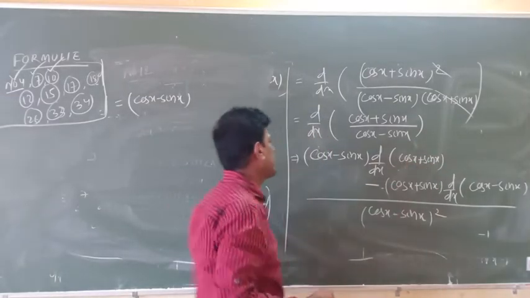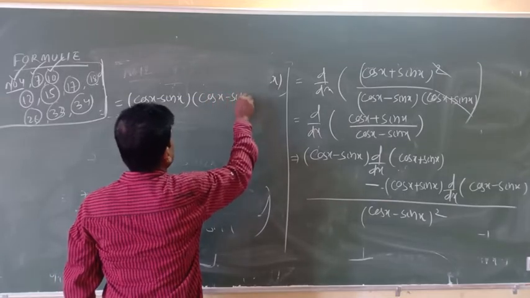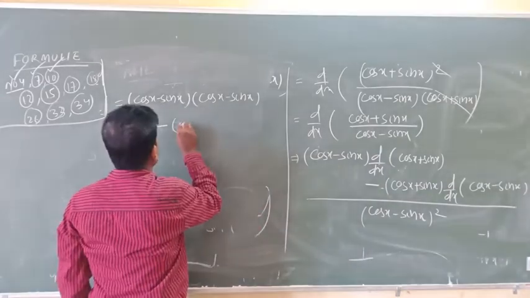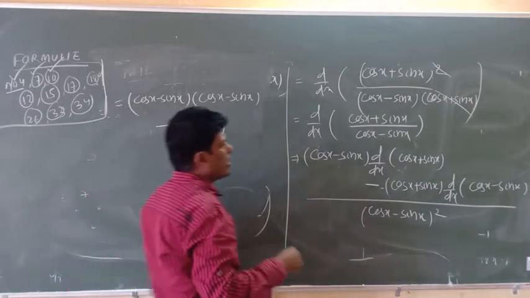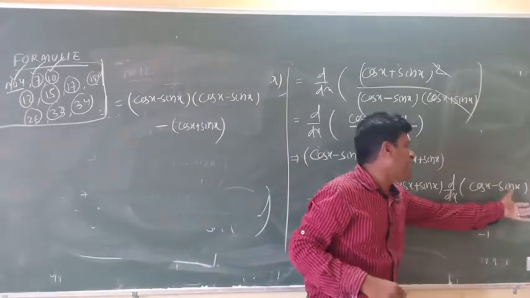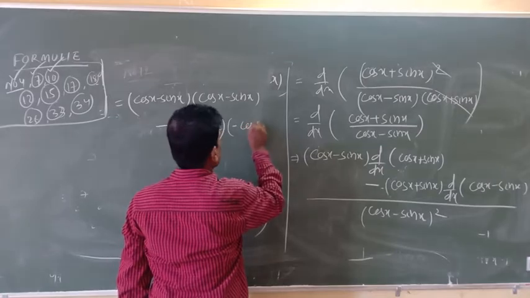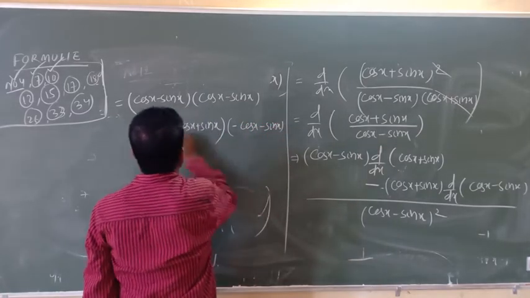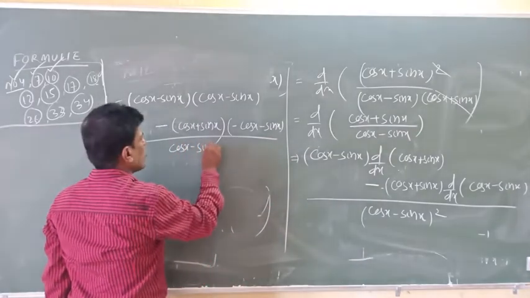So cos x minus sin x becomes (cos x minus sin x) times (minus sin x minus cos x)... that is, (cos x minus sin x) times (cos x plus sin x) is constant. Here the derivative of cos x is minus sin x, and the derivative of minus sin x is minus cos x, that becomes minus of (cos x plus sin x), divided by (cos x minus sin x) whole square.